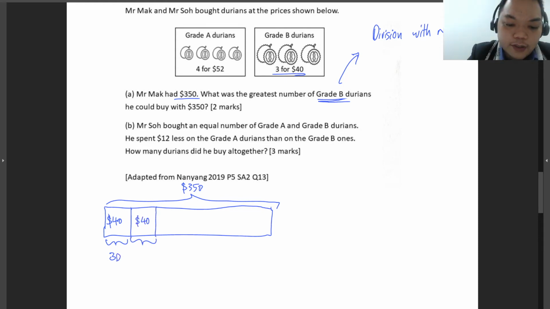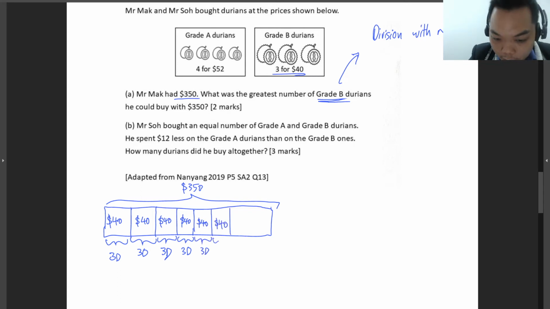$40. Okay, that's 80 already. Another $40 here, $120. Another $40 here. Okay, another $40 here. Another $40 here. So totally, these 6 sets over here have already accumulated up to $240.